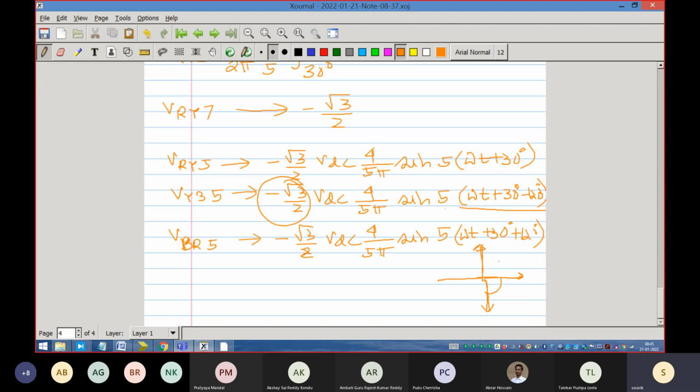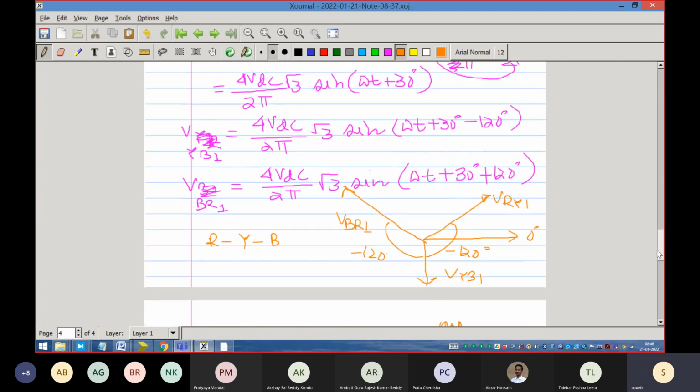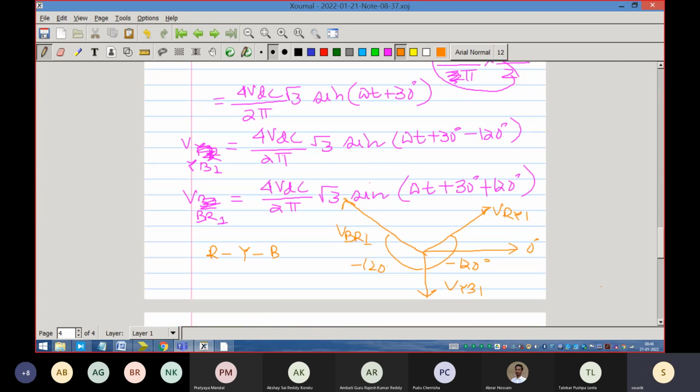Therefore VYB5 is located here, as we had seen earlier by direct integration.